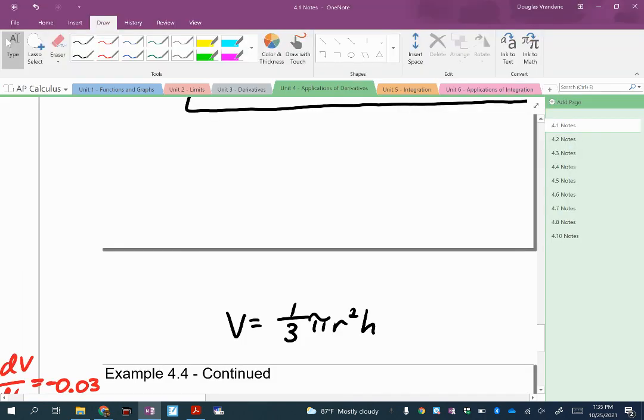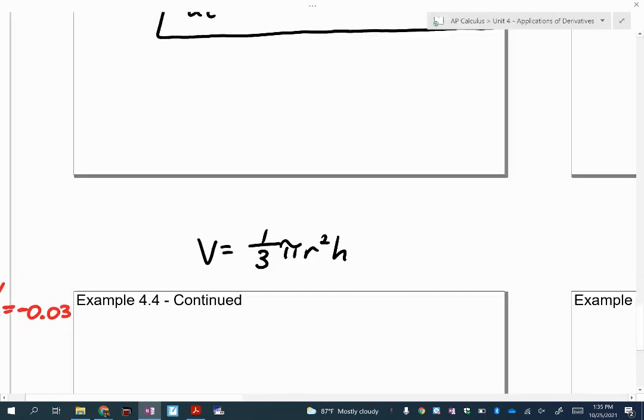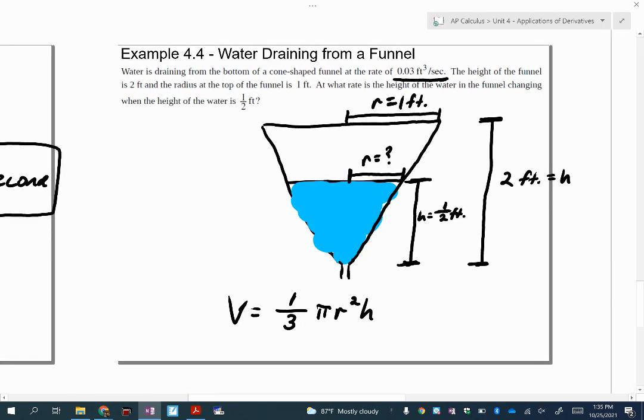What I'm going to do is see in this drawing, which I'll just leave as h for now, that we actually have similar triangles. You guys learned in geometry that if you have similar triangles, you can set up a proportion to help you solve for anything you might need.